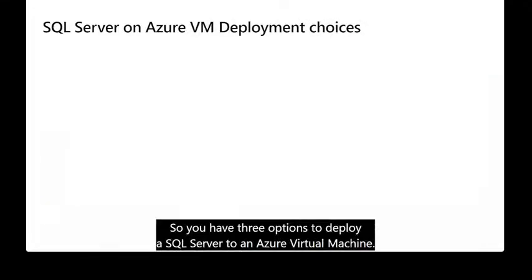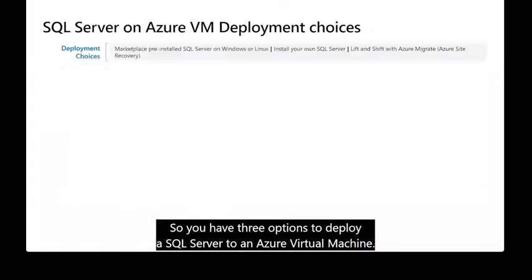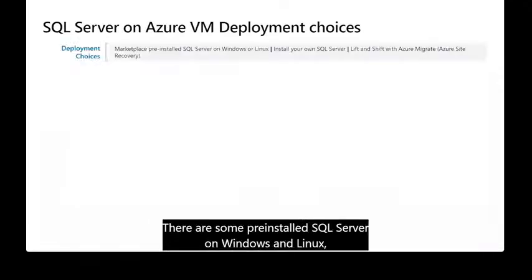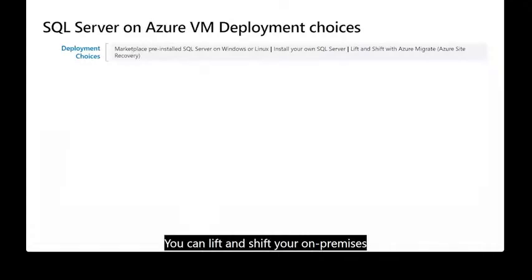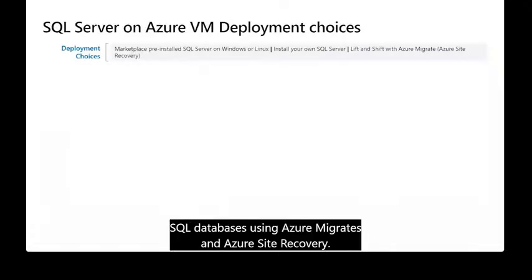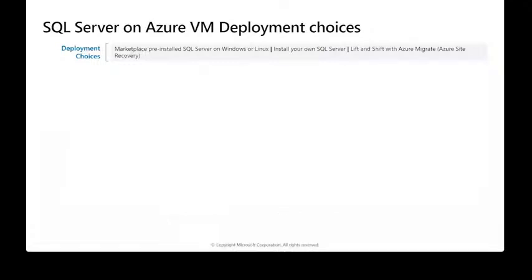So you have three options to deploy a SQL Server to an Azure virtual machine. There are some pre-installed SQL Server on Windows and Linux virtual machines in Azure, which you can access through the marketplace. You can also install your own SQL Server on an Azure virtual machine. You can lift and shift your on-premises SQL databases using Azure Migrate and Azure Site Recovery.